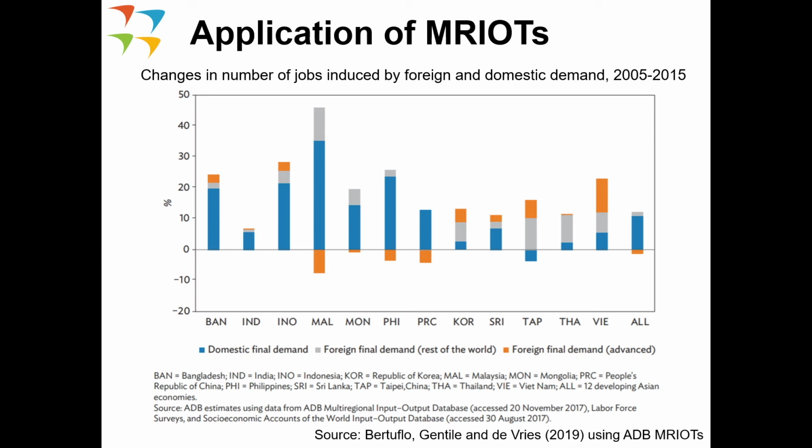Vietnam is the economy where final demand from advanced countries was the most important source of increased job demand, followed by Taipei, China, and the Republic of Korea. Rapid technological changes occurring in these three economies, which implies that fewer workers are needed to satisfy the same level of demand.